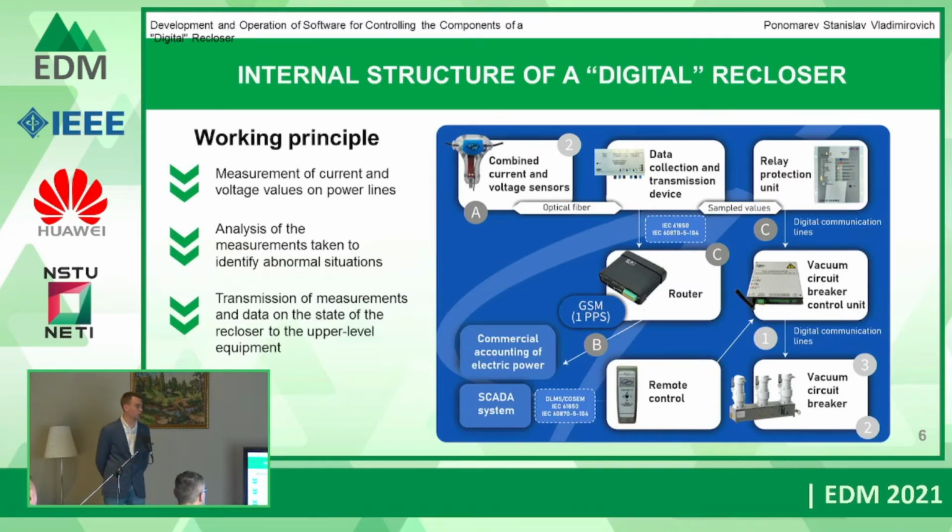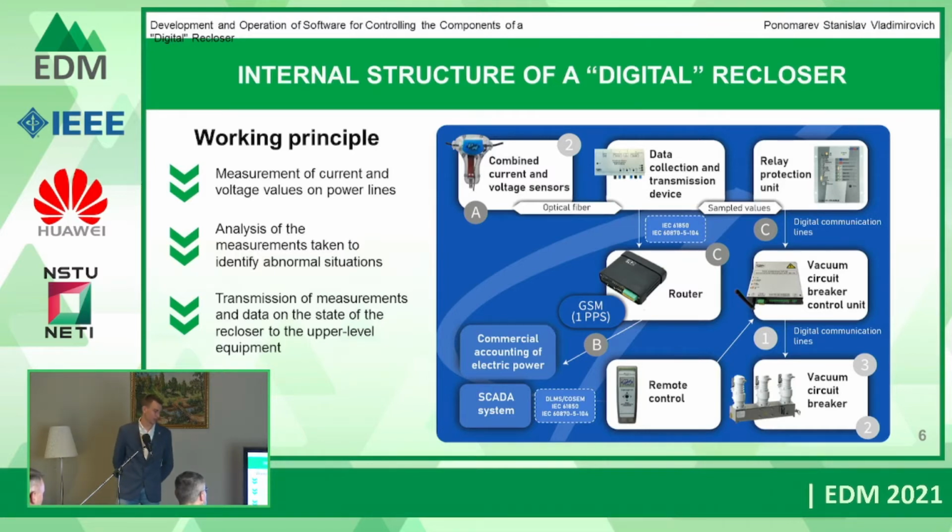Now let's move on to the internal structure of the digital recloser. There is a diagram that represents it, and there is a working principle that I will tell you about. So first of all, there are the combined current and voltage sensors that measure the parameters of the electrical network. These measurements go to the data collection and transmission device and to the relay protection unit.